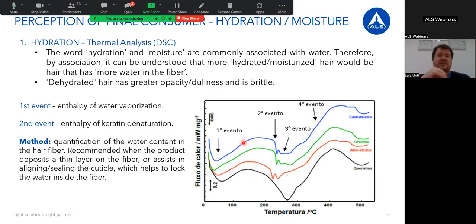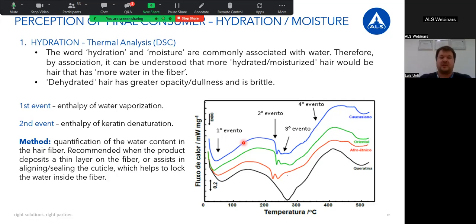So if we deposit a thin layer over the fiber to keep not the moisture but the hydration, the water molecules inside the fiber, this is the test we want to use, because with hydration by thermal analysis, we can quantify how much water we have inside the hair.